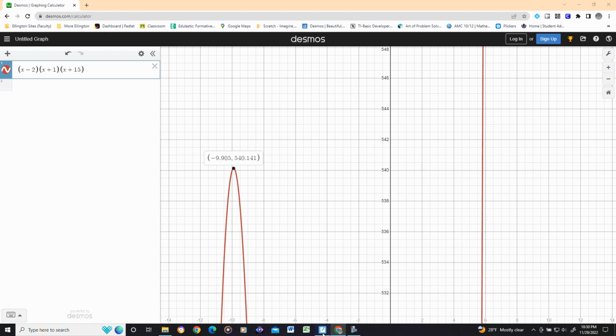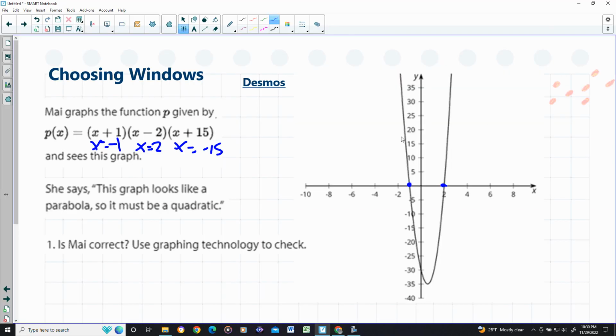So here's a wacky one. In order to see that this graph comes back down again and crosses at negative 15, that top point has to go all the way to over 540. Wow, that's wild. But that's technology for you.